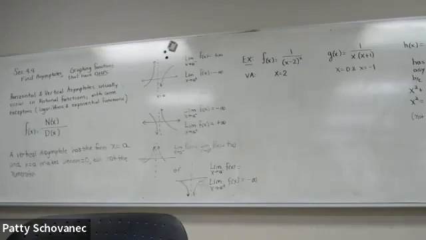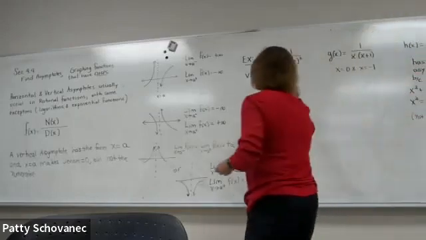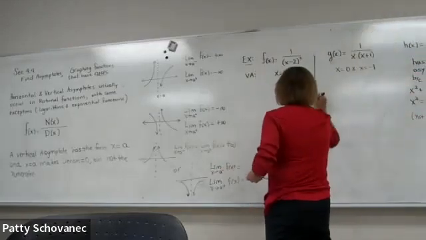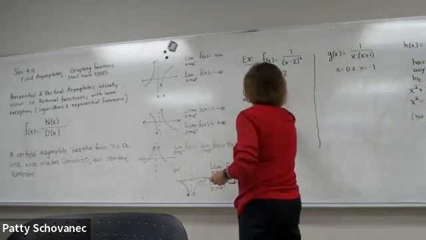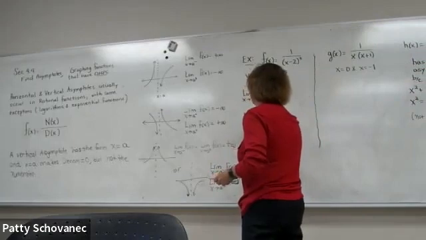Now we're going to describe the behavior of each function near the vertical asymptote using one-sided limits. So for this first example, I'm going to look at the limit as x goes to 2 from the left, and the limit as x goes to 2 from the right.